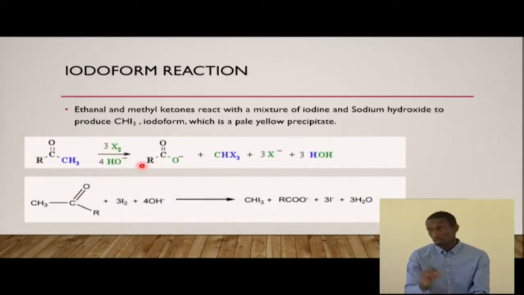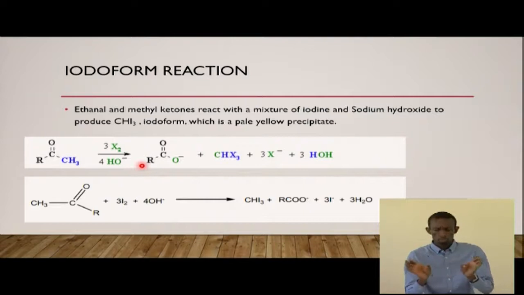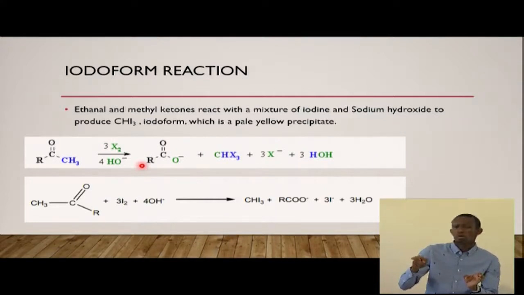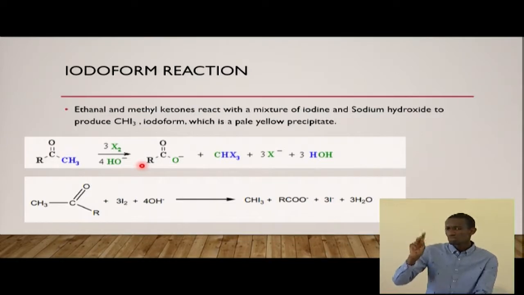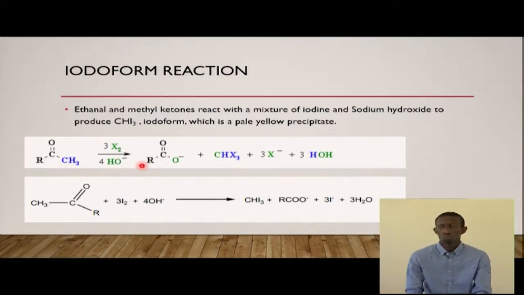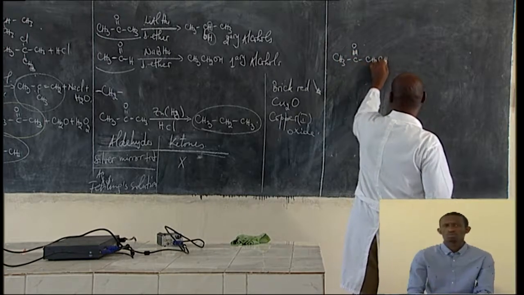We also have the iodoform reaction. The iodoform reaction is very important in which case? We use it to distinguish ketones, ketones which are said to be methyl ketones, like this one, for example, CH3COCH2CH2.